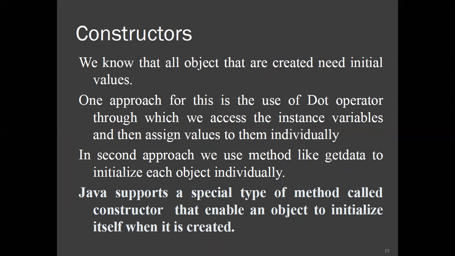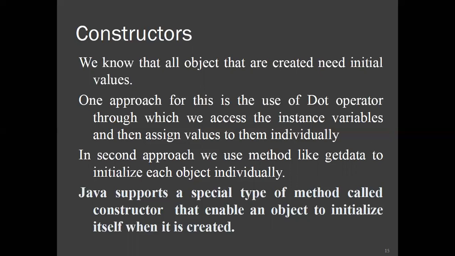In order to initialize with default values, we use constructors. A constructor is a special method which has the same name as the class name. One approach is to use the dot operator, through which you can access the instance variables and then assign the values to them individually.